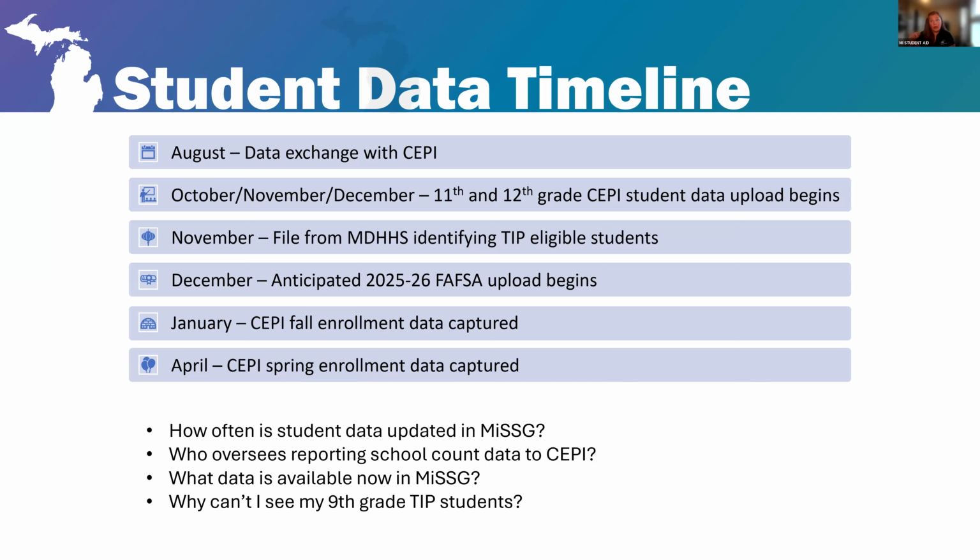We're going to know their high school name, their grad year, and we're going to be able to connect them and display them once we get that CEPI fall enrollment data in January. So for any of you that are focused on your ninth graders, I would say hang tight. You're going to see more start to display once we get that fall enrollment data from CEPI in January.